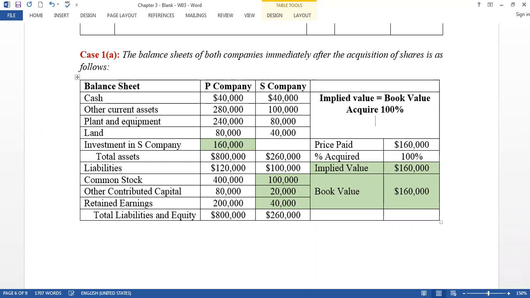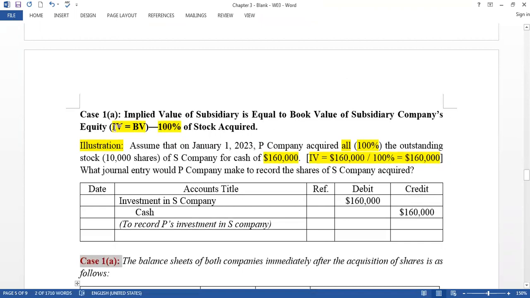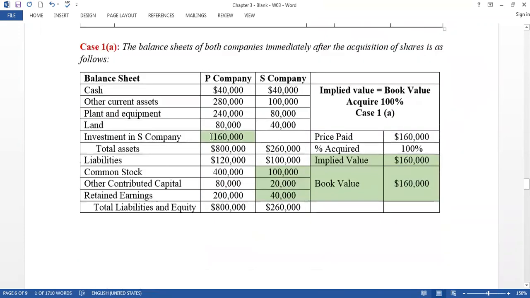And this is our case 1A. This is case 1A. And you can see the title here. This is a short title. Book value equal implied value, and we acquire 100%, right?